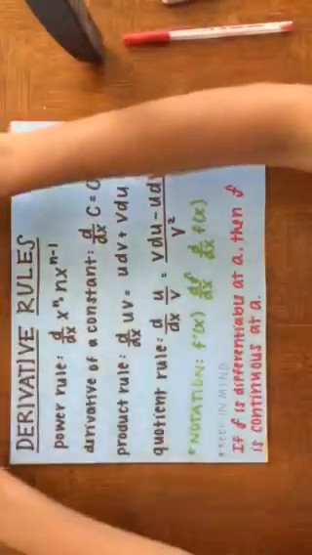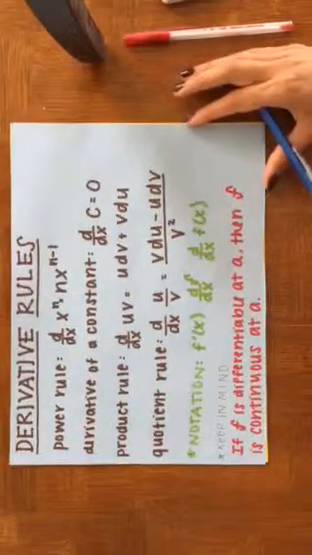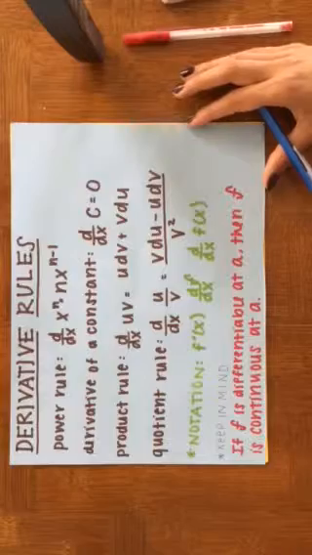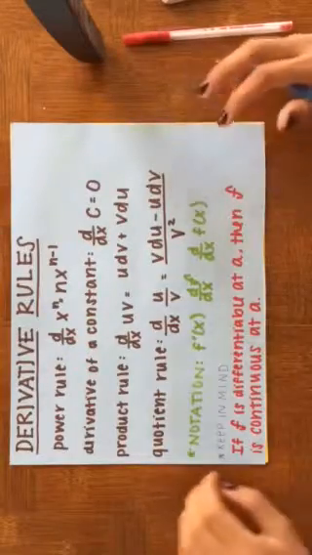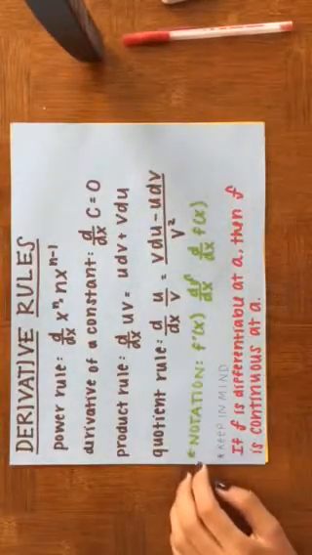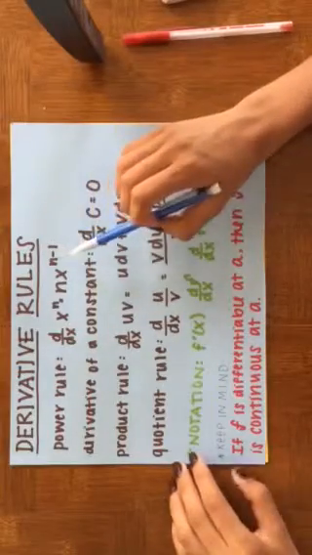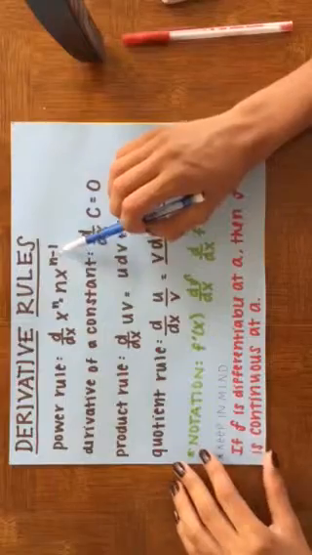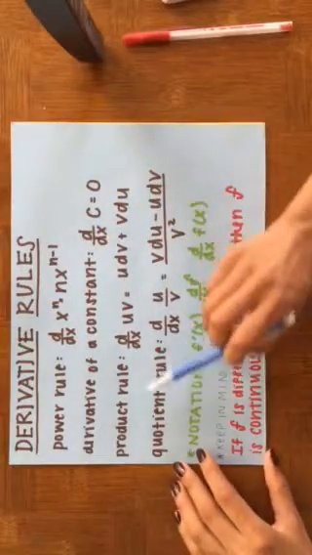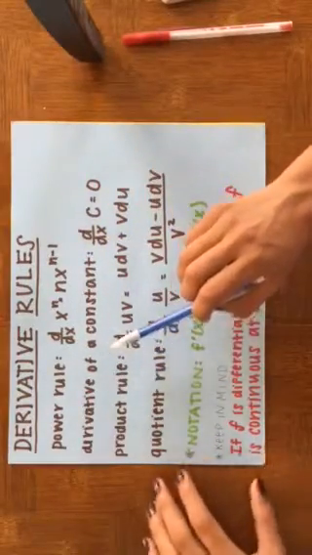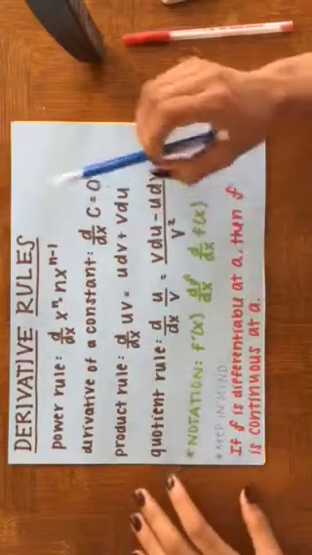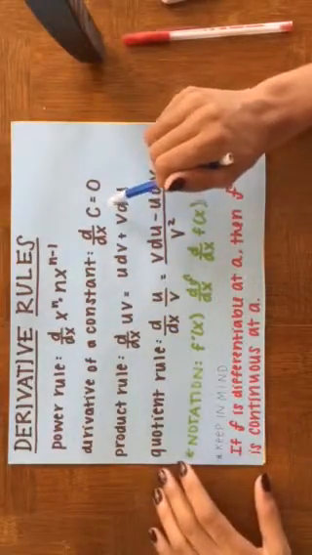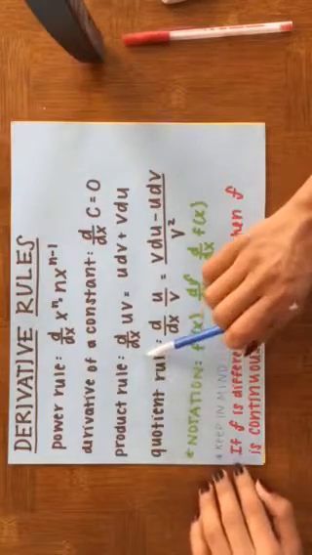So here are some derivative rules. The most commonly used rule is the power rule, where you have some variable with an exponent, and what happens is you drop the exponent to the coefficient and subtract 1 from the original exponent. Next, you have the derivative of a constant, which isn't really a rule, however, just always know that the derivative of a constant is 0. Next, you have the product rule.